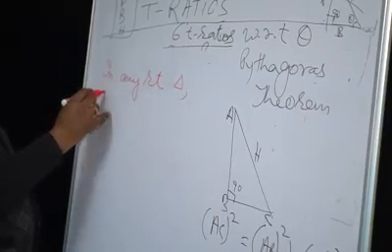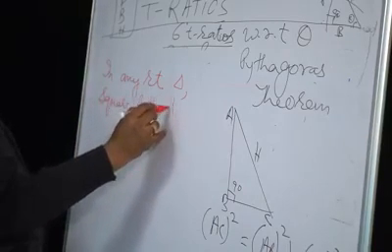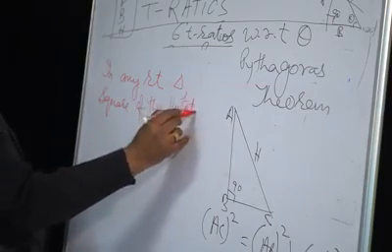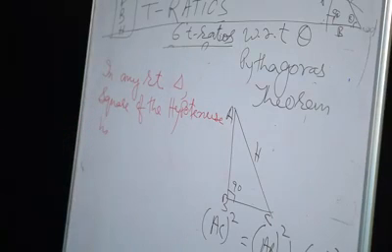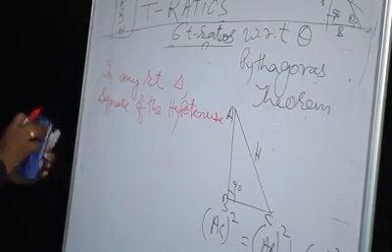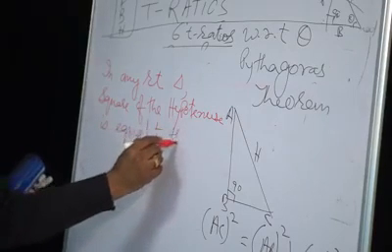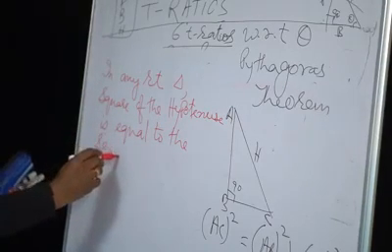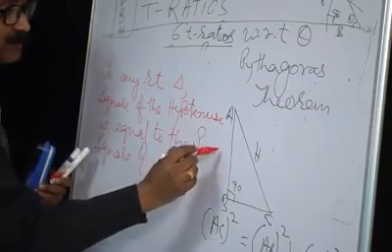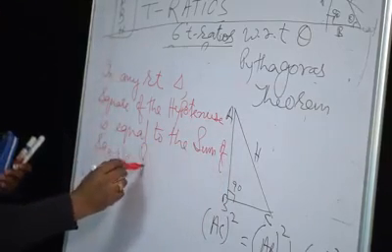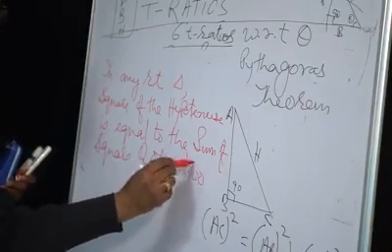In any right triangle, the square of the hypotenuse is equal to the sum of the squares of the other two sides.